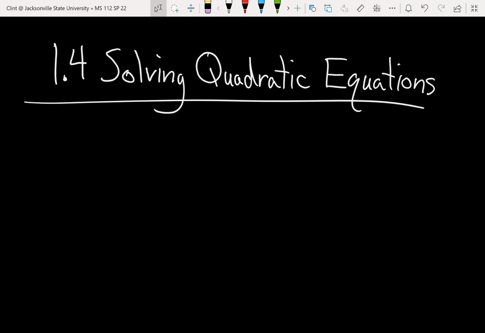So what we're going to do, there are several different techniques you can use to solve a quadratic equation. So we're going to talk about all the major methods for solving quadratic equations. And by quadratic equation, what I'm talking about is if we have something in this form.